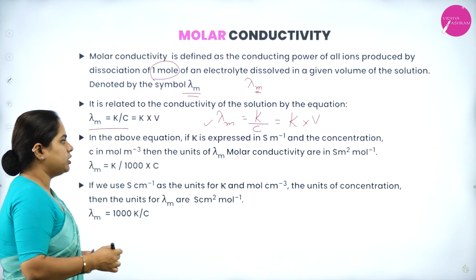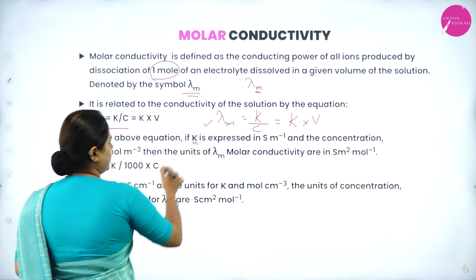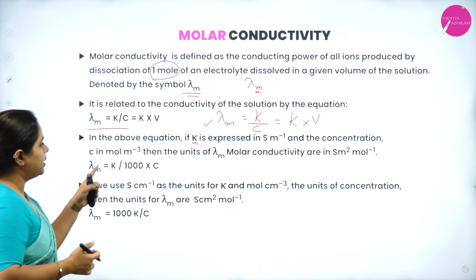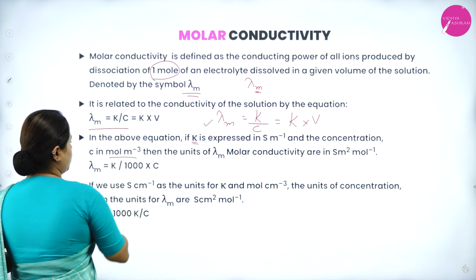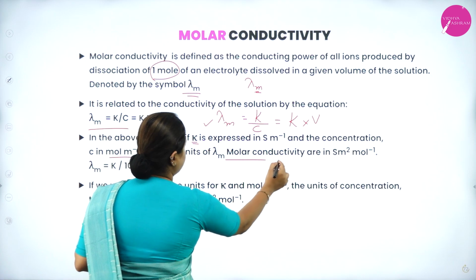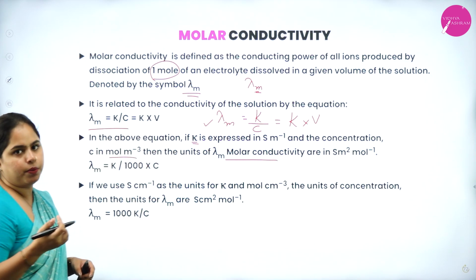Now, in the above equation, K stands for conductivity, that is kappa. Kappa is expressed in Siemens per meter and the concentration in mole per meter cube. Then the unit of molar conductivity is Siemens meter square per mole.